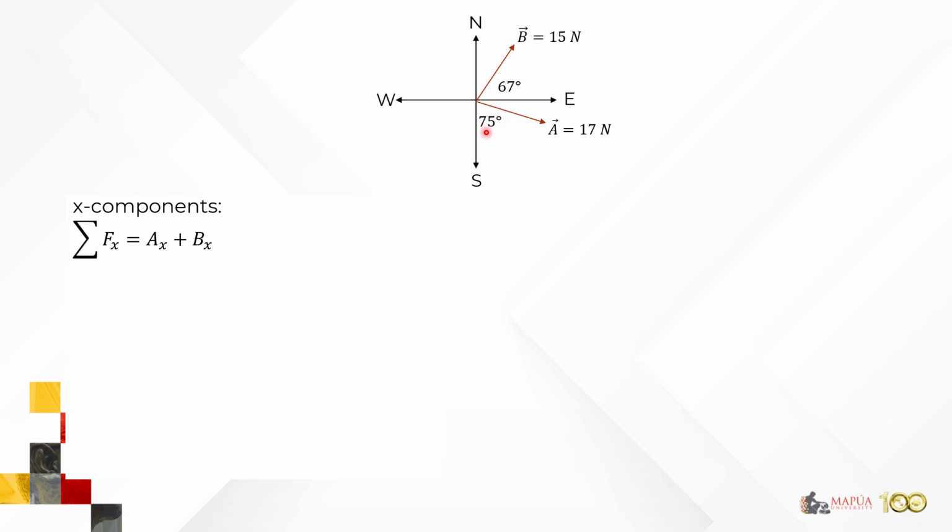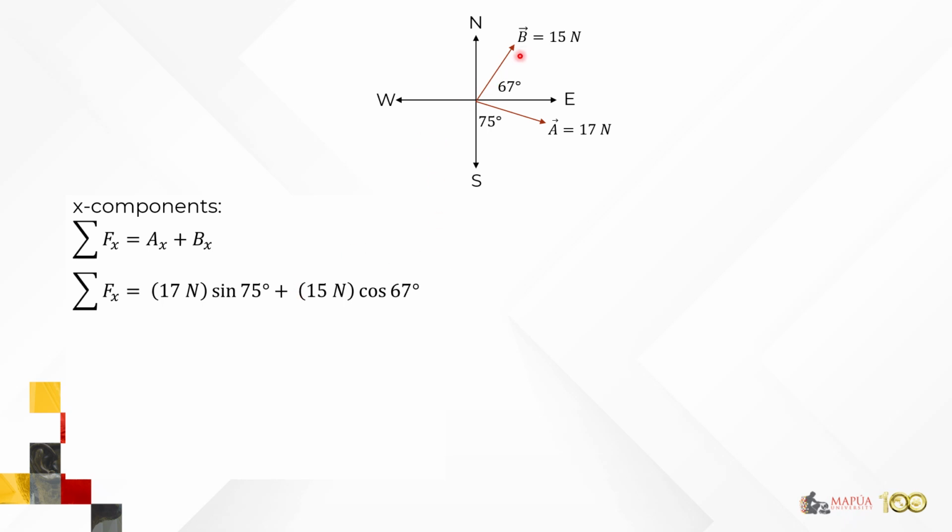And for vector B, the horizontal side is adjacent to angle 67 degrees. Remember, we are always talking about the horizontal component, the lying-down side, for the x component. So to get the horizontal component, we multiply 17 newtons, that's the hypotenuse, times sine of 75 degrees, because for vector A, the horizontal component is the opposite side.